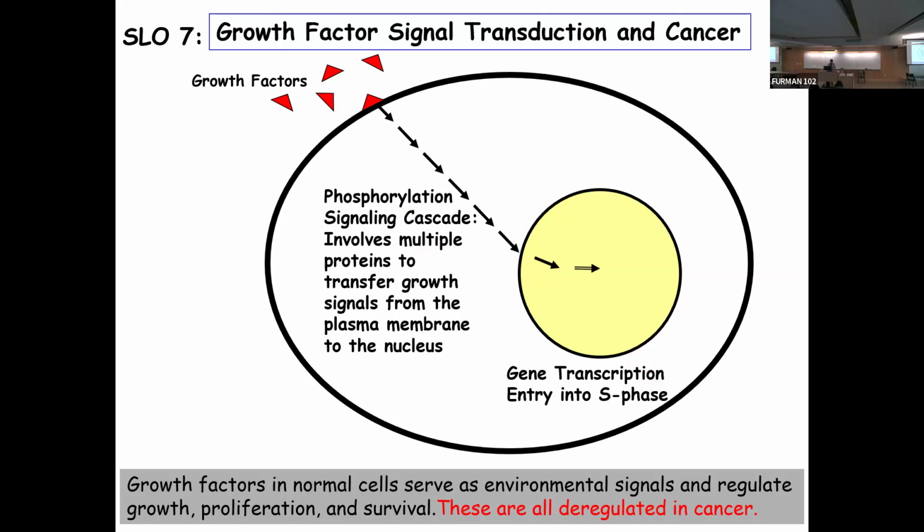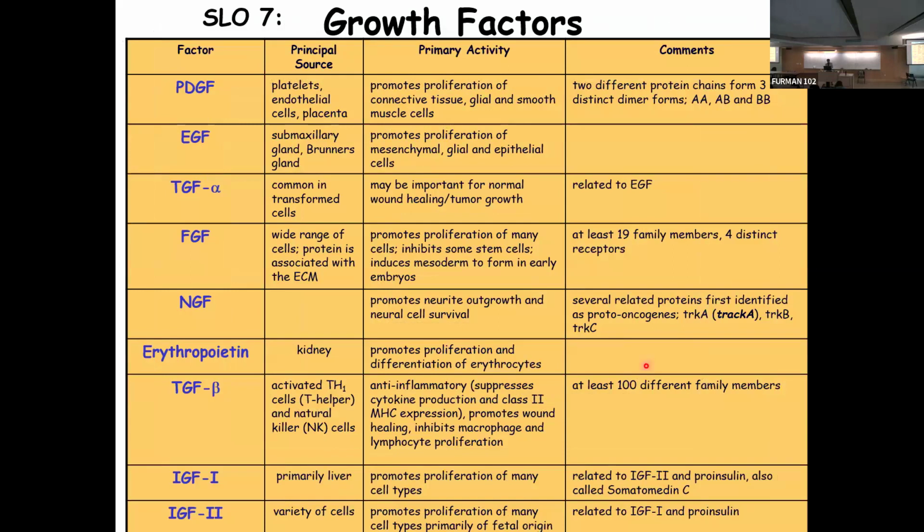Okay, now in the next few slides, I'm going to introduce some of those major growth factors and their receptors. For the sake of your exam, you can just focus on the first two, PDGF and EGF. This is again not an exhaustive list of factors, but these are some of the major factors that are often known to be altered in different cell types in different cancer types.